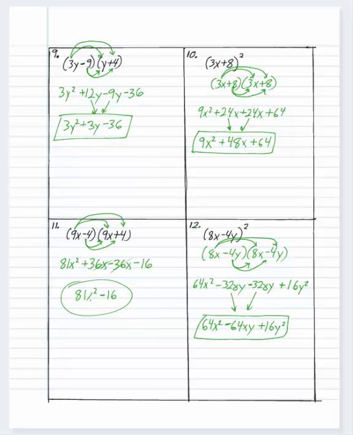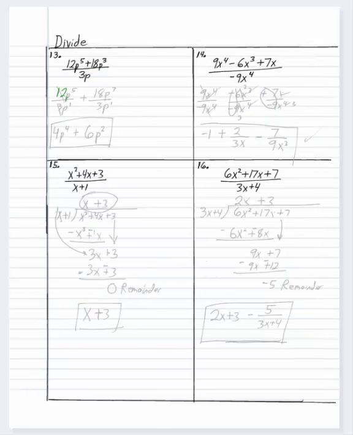Alright, very good. Number 13, we would like to divide. In a problem like this, we can divide by splitting the fraction, by doing 12p^5 over 3p plus 18p^3 over 3p.